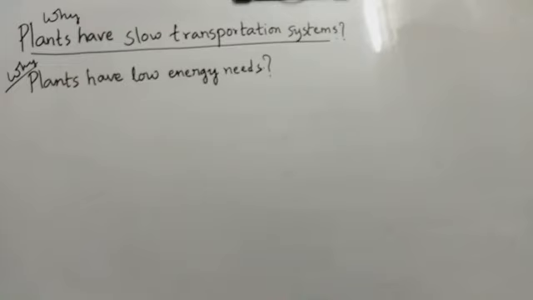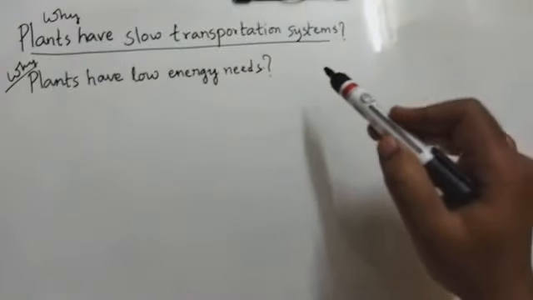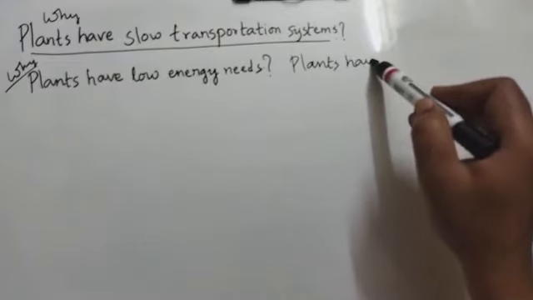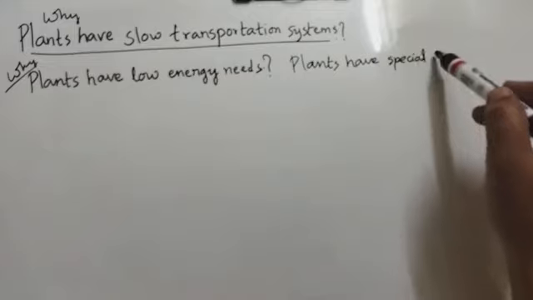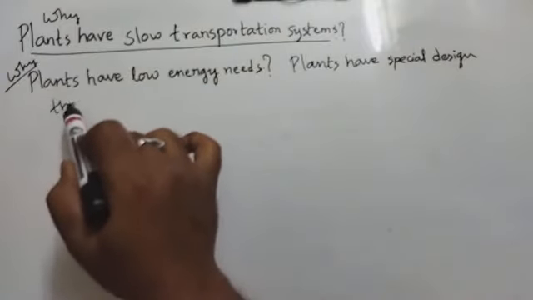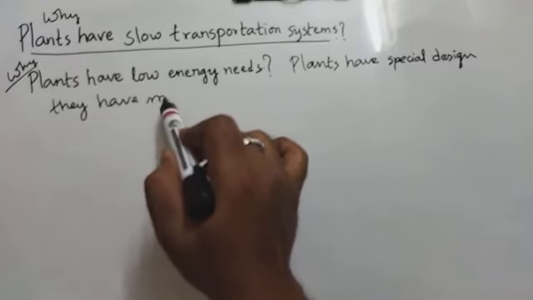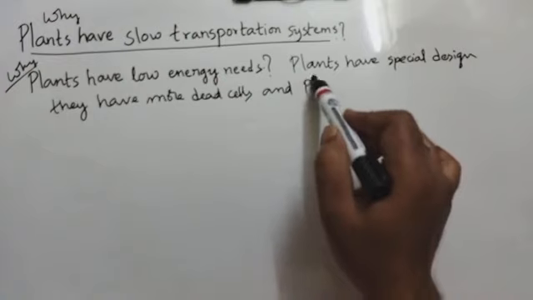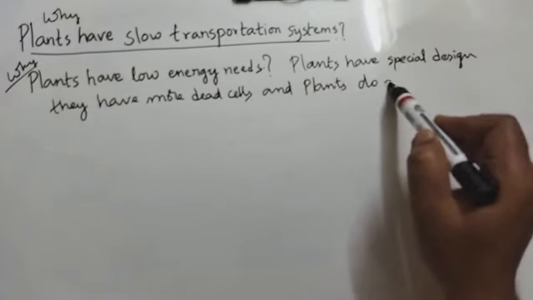Plants have low energy needs due to their special body design, by which plants do not move, and they have more dead cells in their body.